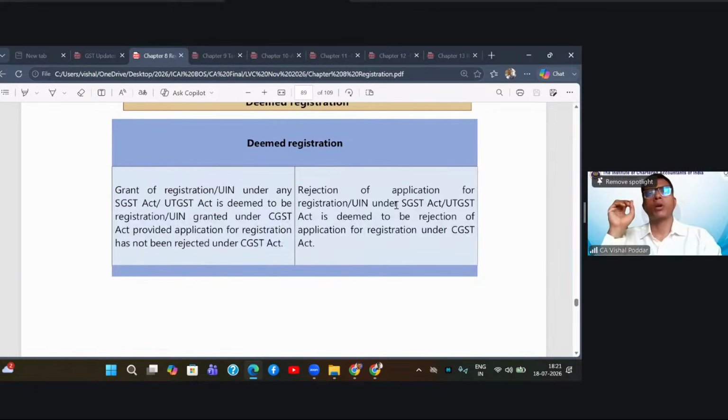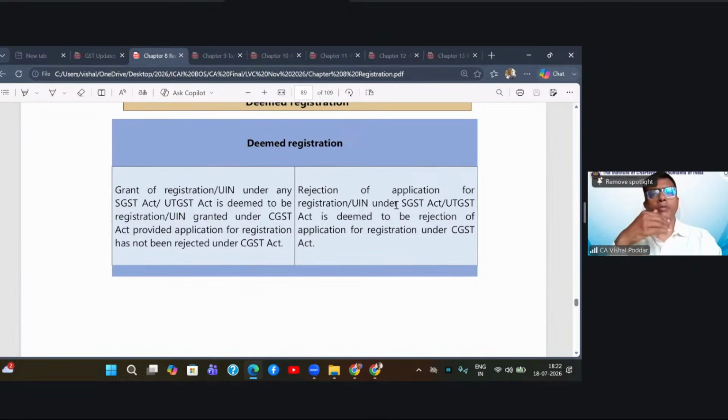Then there is a concept called deemed registration. What is deemed registration? Once you have applied for registration, as we studied at the start, there is no act-wise registration. But we all know under GST there are different acts. So CGST also talks about registration, SGST also talks about registration, UTGST also talks about registration.